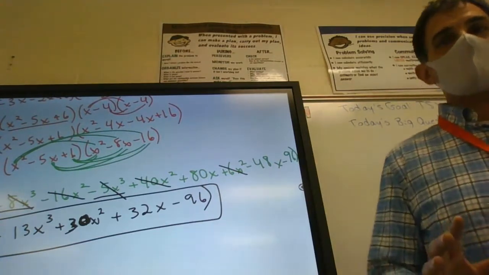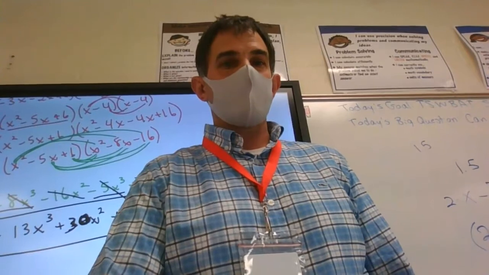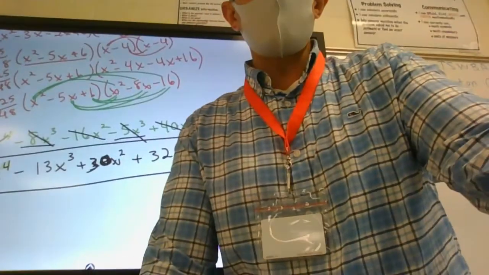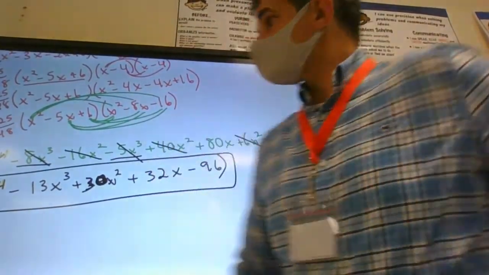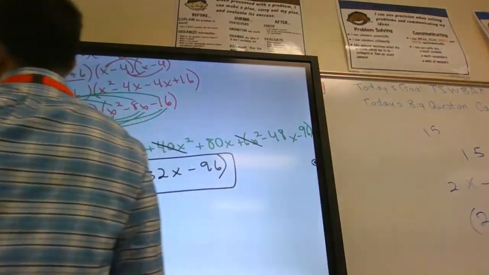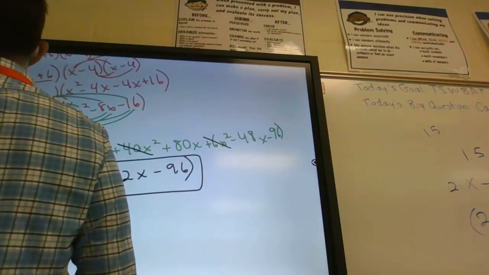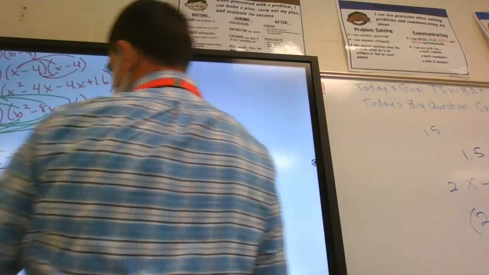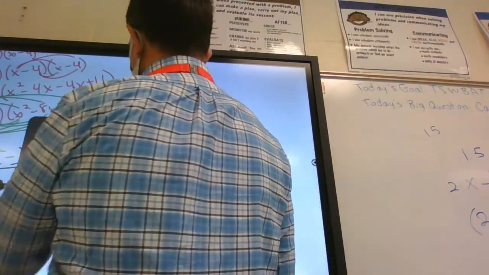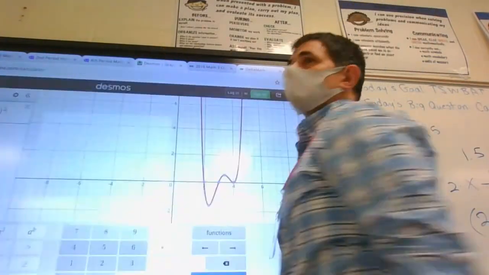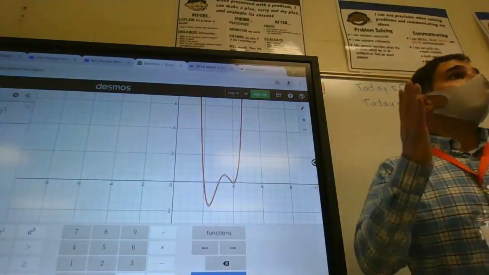Step 5, please don't miss this: practical domain. Let's take 5 minutes to do this, and then we're done. This is not too difficult. I'm just going to look at Desmos for this. What is domain? Domain is the x's. Practical means what makes sense. At what time does this roller coaster start and at what time does it stop?